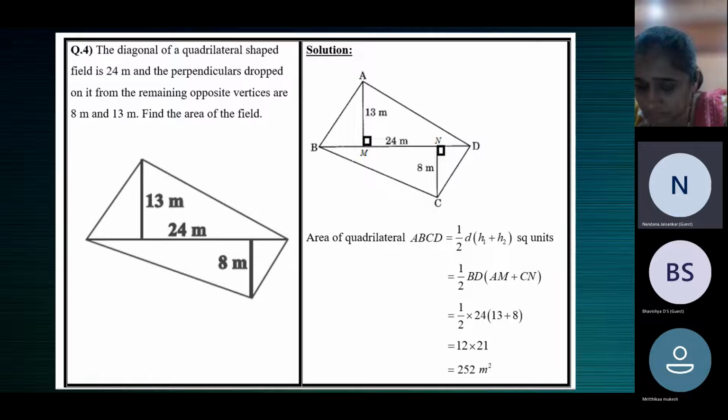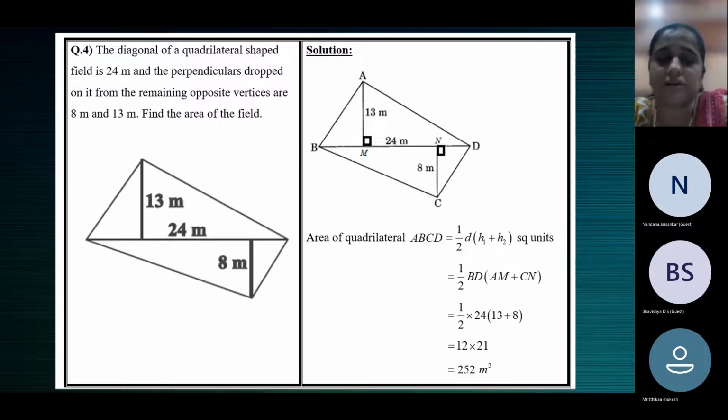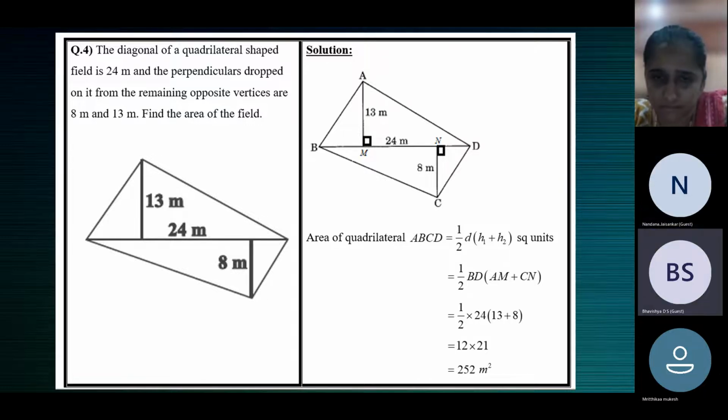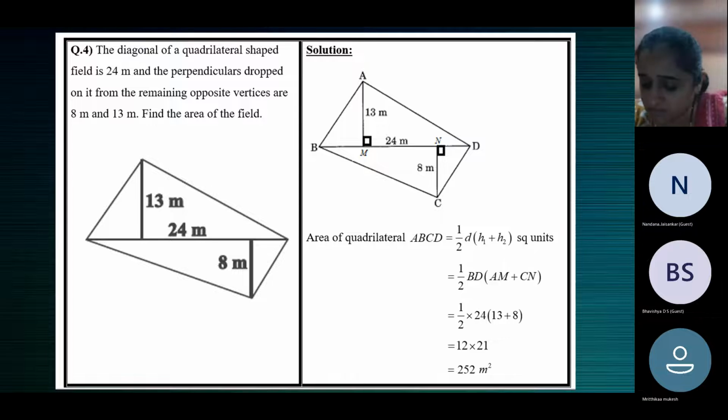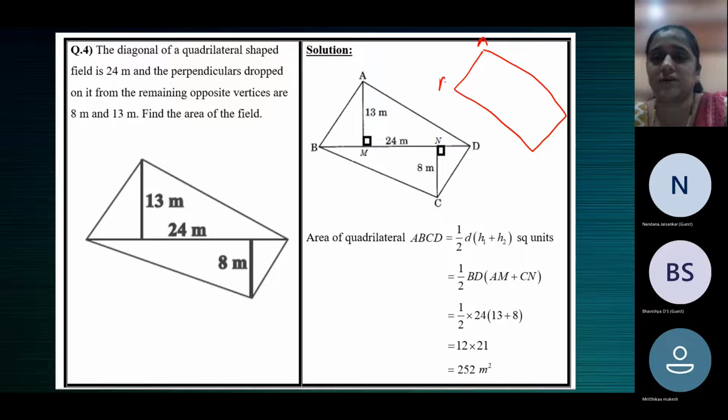ABCD. 24 meters is the length of which diagonal? Name the two diagonals here. A and M, C and N? No. Name the two diagonals. A, B, C, D. Which are the two diagonals?